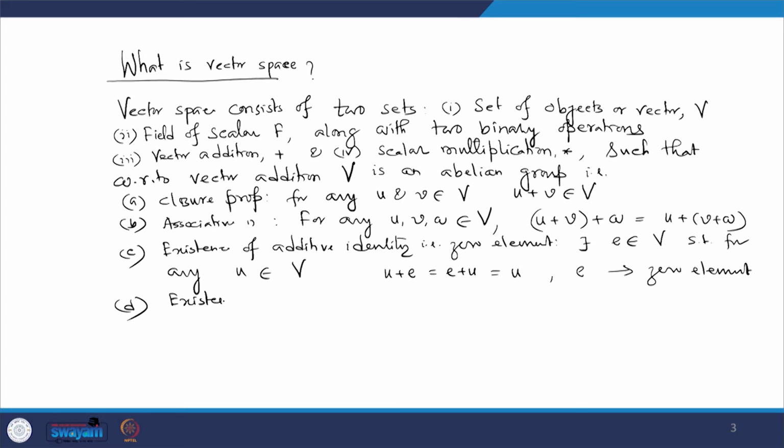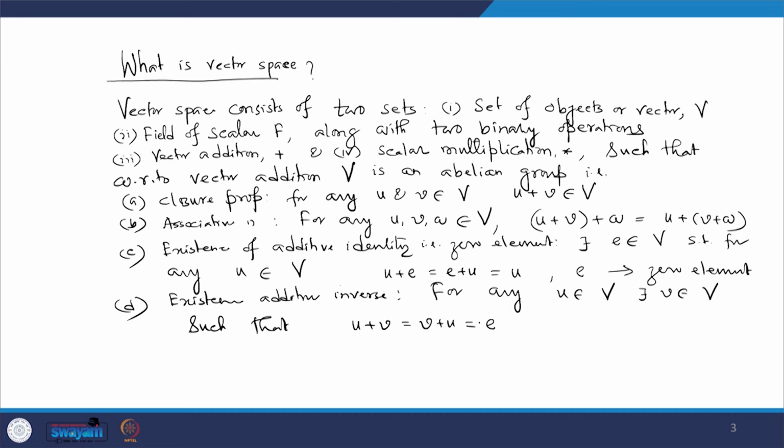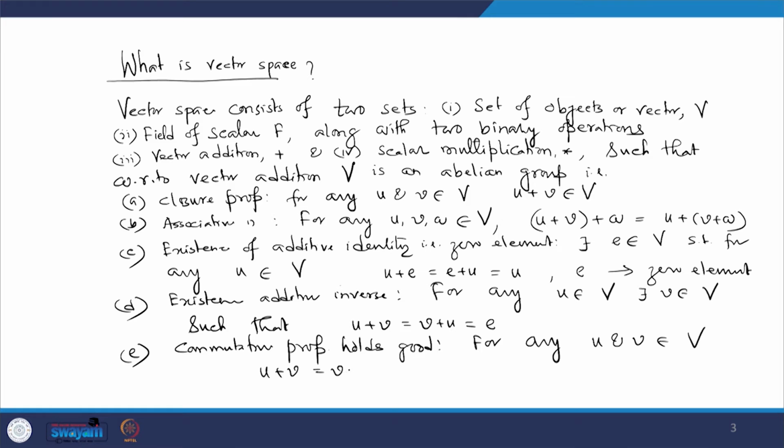Fourth, existence of additive inverse: for any u belonging to capital V, there exists a v belonging to capital V such that u plus v equals v plus u equals the zero element E. Fifth, the commutative property also holds good: for any u and v belonging to capital V, u plus v equals v plus u.